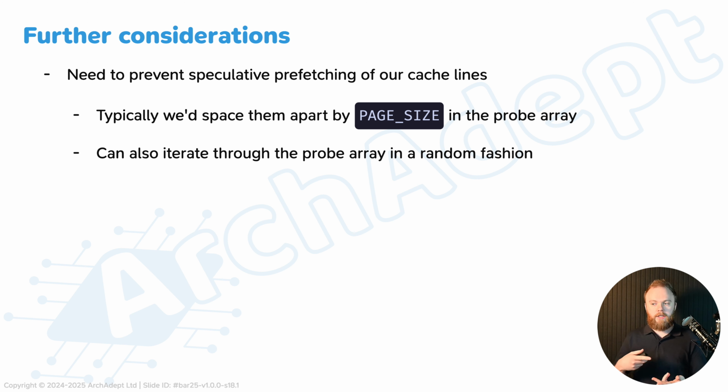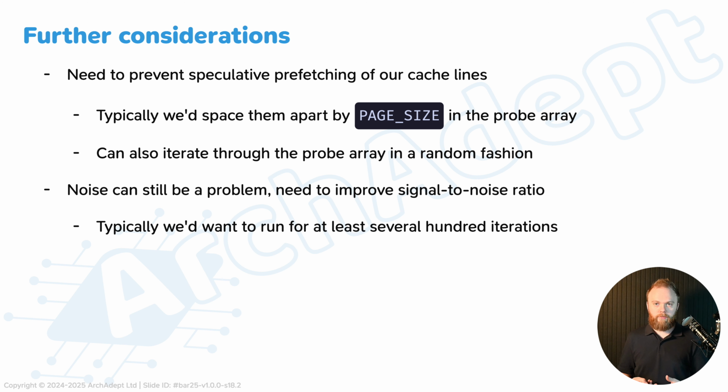So 4K, 16K, or 64K, depending on your particular hardware platform and your operating system. That's usually enough to prevent the CPU prefetcher from kicking in, as the locations will be deemed to be too far apart spatially. We can also iterate through the probe array in a random fashion, rather than iterating through it linearly, to make it harder for the prefetcher to notice any patterns in our accesses.